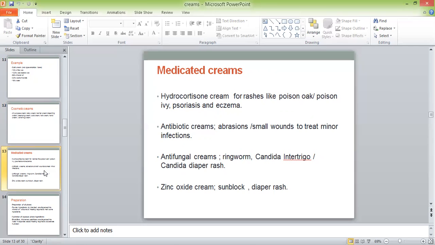And then we have antifungal creams, which are used for the treatment of ringworm infection and Candida diaper rash. Ringworm infection is basically a contagious fungal infection by a parasite which lives on the skin and eats the keratin.